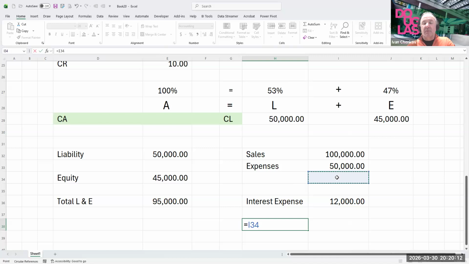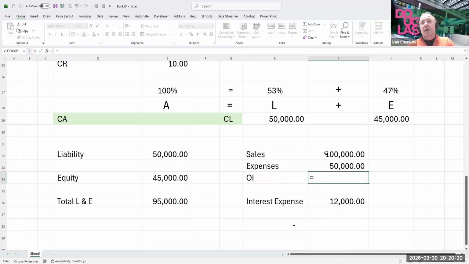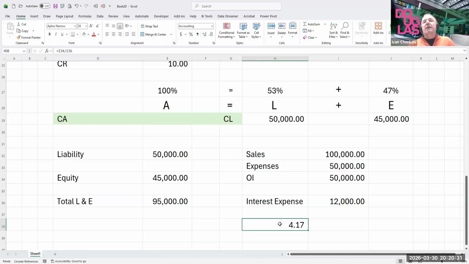I have to get a number here, which we're going to divide by the interest expense. My operating income, in this case, will be equal to 100,000 minus 50,000. So my ratio is 4.17. So 4.17 times I can pay my interest expense with my operating income.